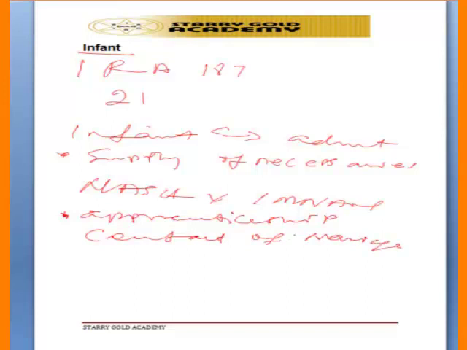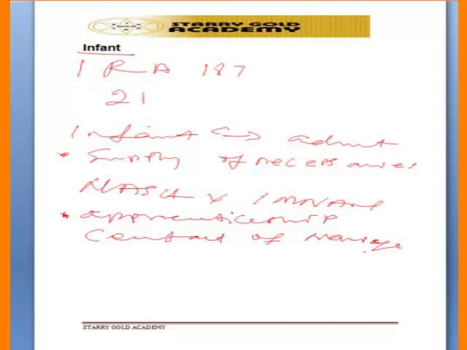So where an infant enters into a contract of marriage, it is enforceable on him. Or a contract of apprenticeship, because all these contracts are beneficial to the infant. So if an infant enters into such a contract, he is liable under the contract. So he has partial or limited contractual capacity under a contract of apprenticeship and a contract of marriage.